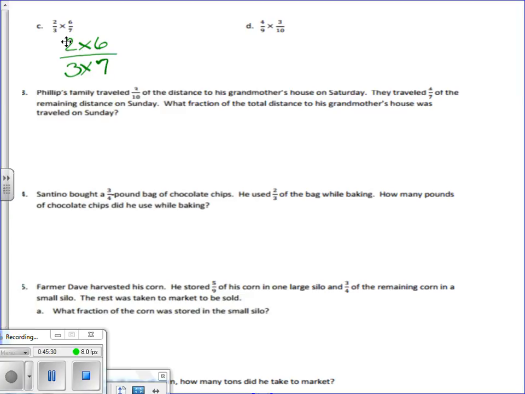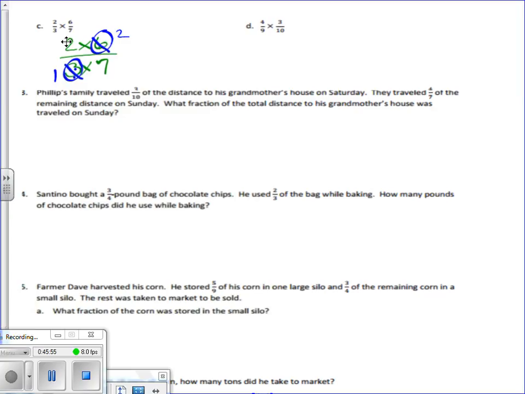So 3 and 6 have something in common. 3 can go into 6. So 3 divided by 3 is 1. 6 divided by 3 is 2.